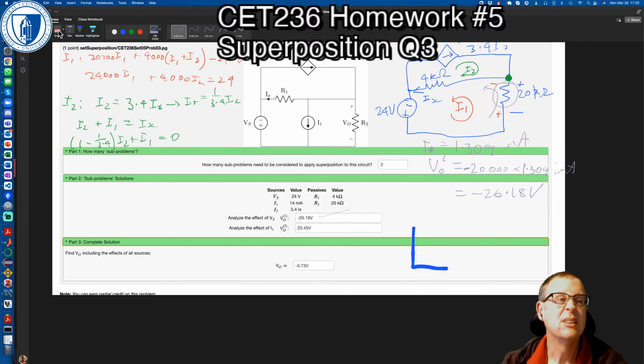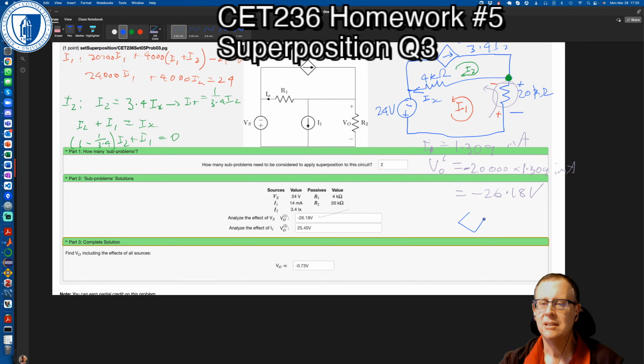So let's just erase that and go back with the pen. We'll go to blue. So we have our dependent current source, and we have R2, and this time we're replacing Vs with a wire, and then we're keeping I1.